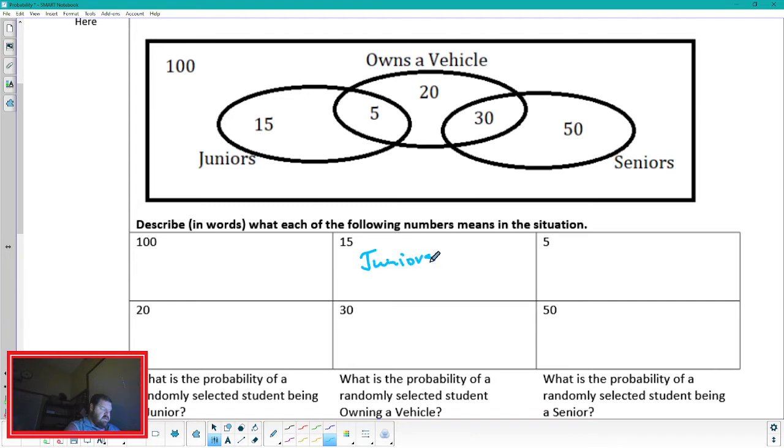And that's close, but those are the juniors that don't own a vehicle. Because that 15 doesn't include the 5 that do own a vehicle, not to give that part away, but the 5 would be the number of juniors that own a vehicle.